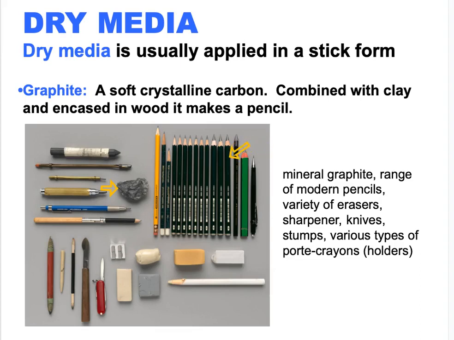All of these are modern pencils where, as described at the top, the graphite has been combined with clay and now it's encased in a wooden stick. These are all different types of modern pencils. We have a variety of erasers that artists like to use. Graphite is one material that is easily erased, so it's a good choice for that reason. Some of the other ones we'll look at today are not so easy to erase.